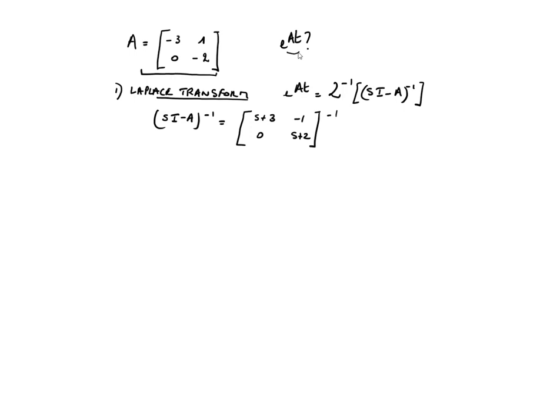It's 1 over the determinant, so 1 over (s plus 3)(s plus 2). What we have to do is exchange these two and change the sign of the other ones, and we have s plus 2, 1, 0, s plus 3.